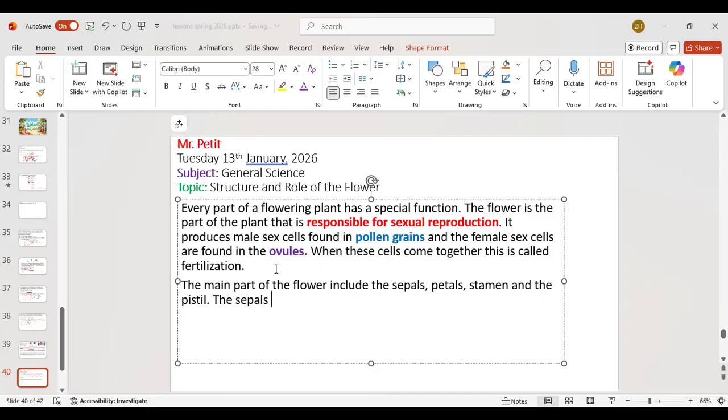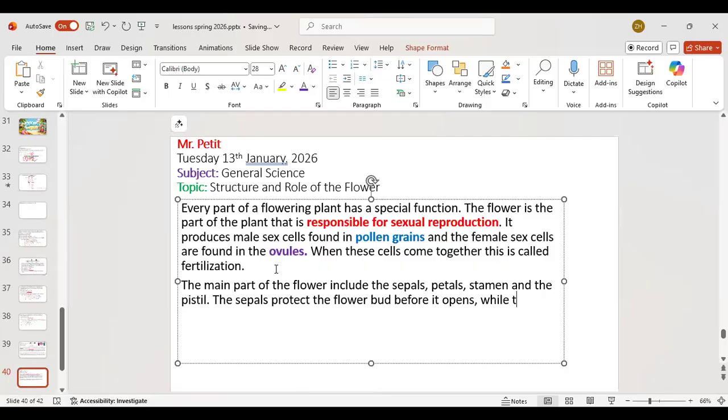The sepals are like the green part underneath the colorful petals, partially covering them. So the sepals protect the flower bud before it opens.